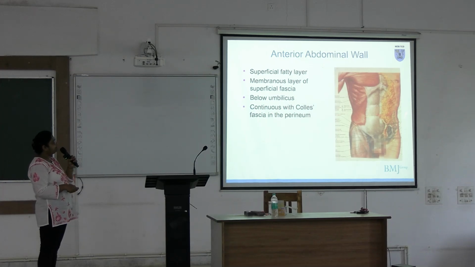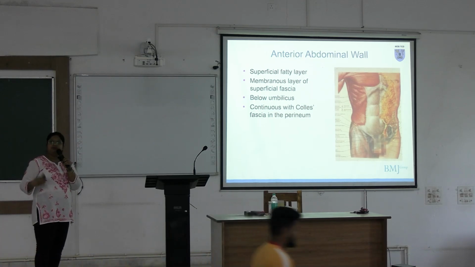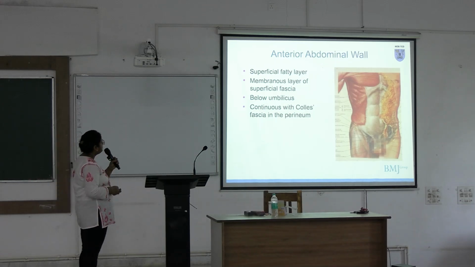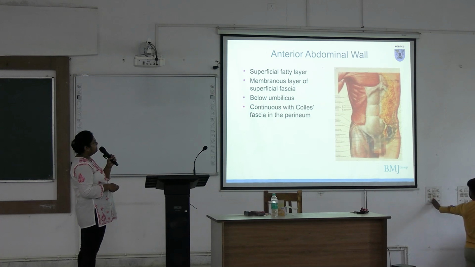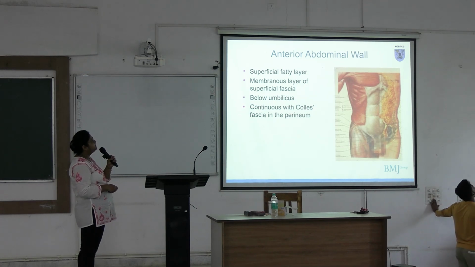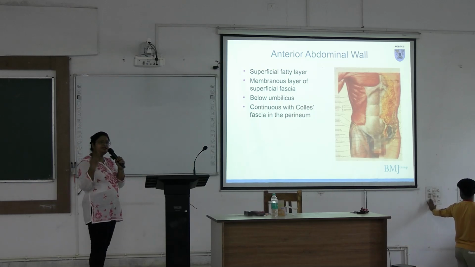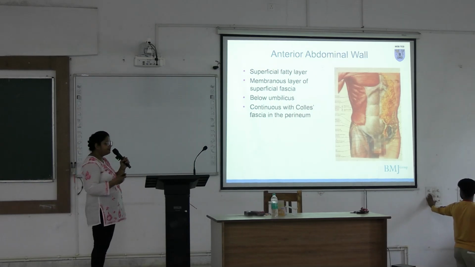Below the level of the umbilicus, two layers are present. Above the umbilicus, these two layers are generally fused with each other, not separately visible. And below the inguinal ligament, it is continuous with the Colles fascia in the perineum. So this is the modification of the superficial fascia at different levels of the abdomen.